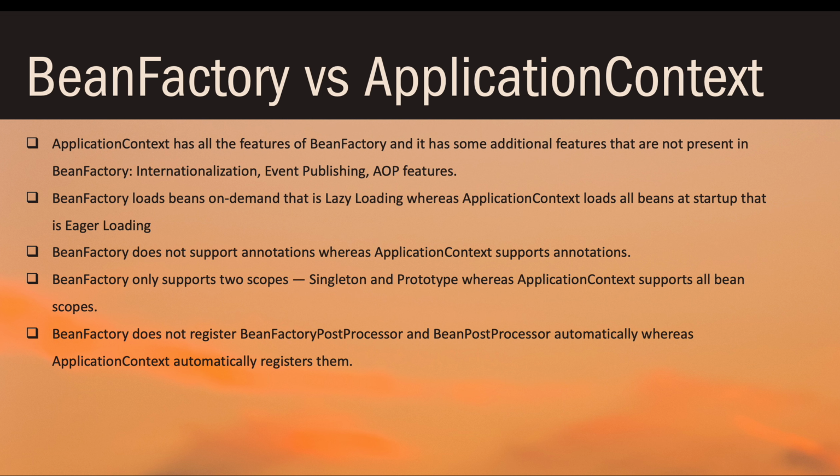The bean factory only supports two scopes, which are singleton and prototype, whereas application context supports many scopes. You have request scope, you have session, and many other scopes that you can find in a Spring application.